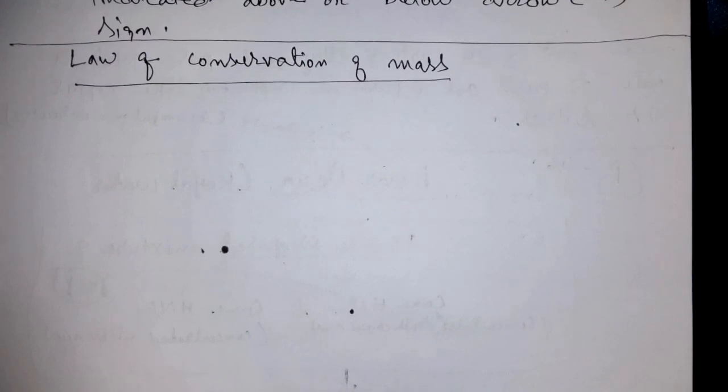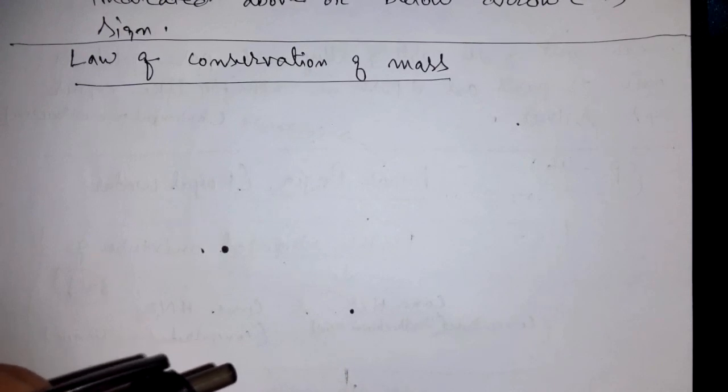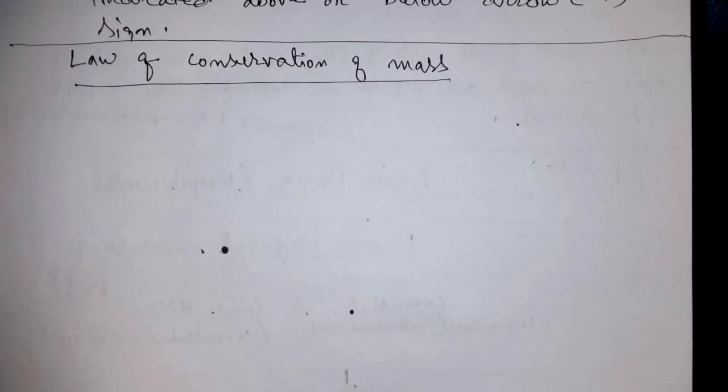There are other reactions in your textbook, but that chapter, sources of energy, is deleted. There is another type of reaction called nuclear reaction. This law of conservation of mass is not valid for nuclear reaction. It is only valid for chemical reaction.